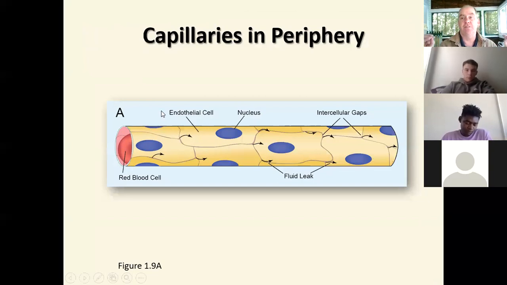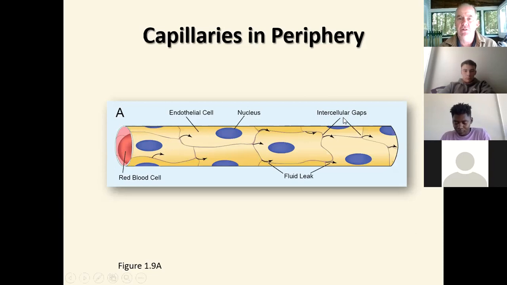These are very flat, thin cells, and they've got gaps between them, fenestrations, I believe they're called. So the blood in these capillaries is being pumped by the heart, the pressure coming into the capillaries is high, and that forces fluid out of the capillaries. So anything dissolved in your capillaries will leak out into your tissues through those fenestrations.